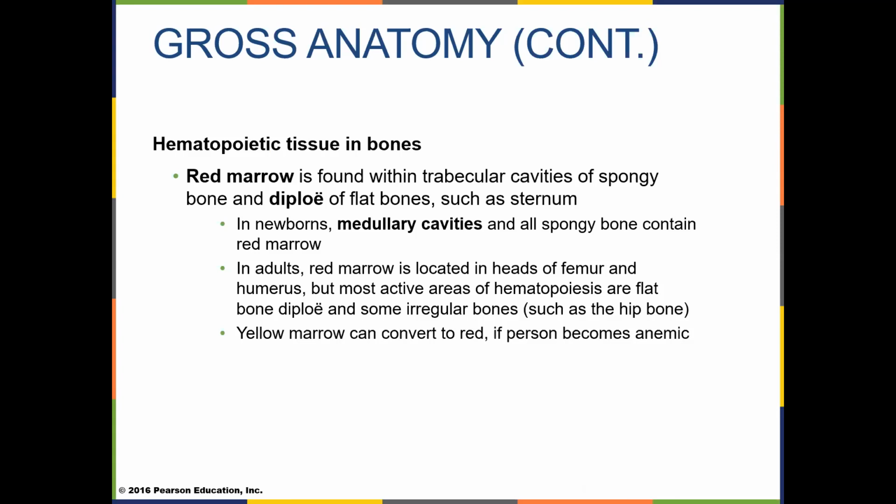Remember, the diploe is a sandwich: compact bone, spongy bone, compact bone. It's a bone sandwich, if you will. We call it diploe. Many of the diploe bone structures are filled with red marrow. The spongy bone in the middle is filled with red marrow.